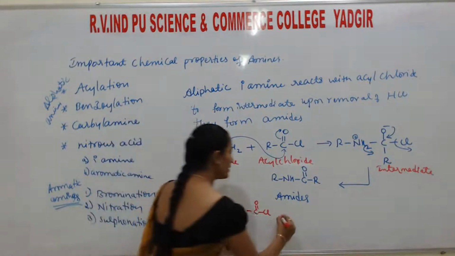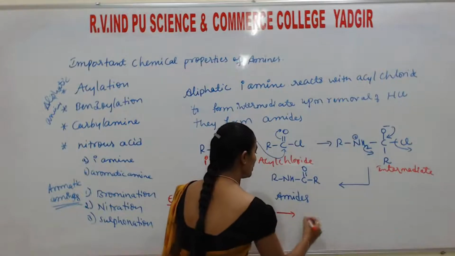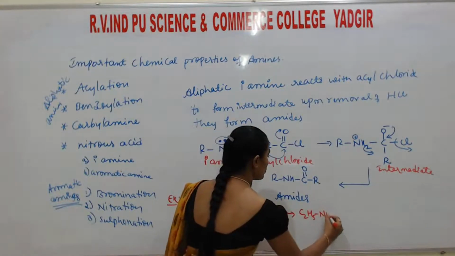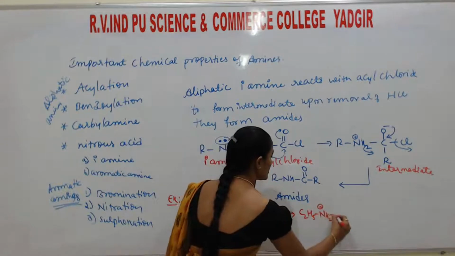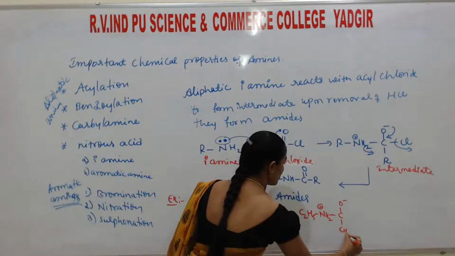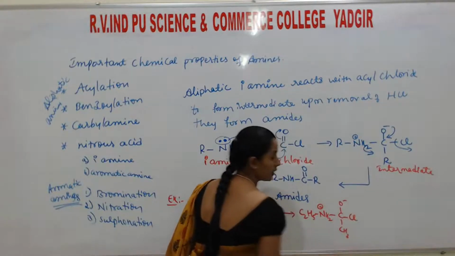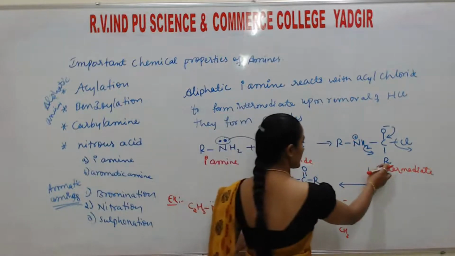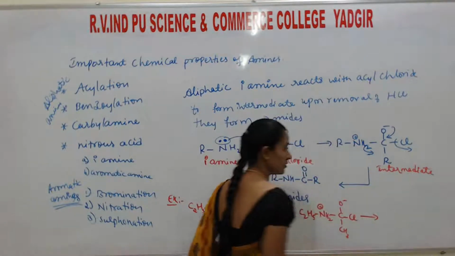Then the intermediate formula is what? C2H5 NH2 plus single bond C O minus, CH3, Cl. Here these two are replaced by C2H5 and CH3.